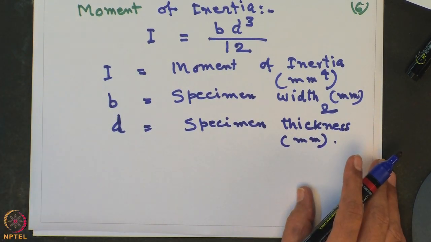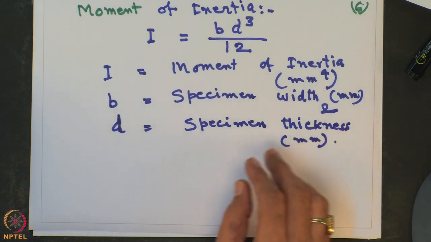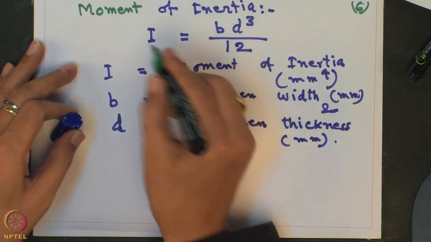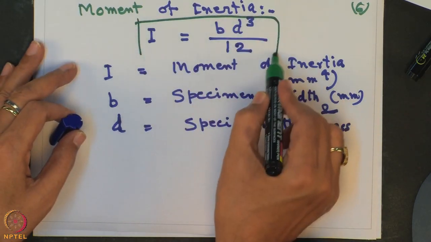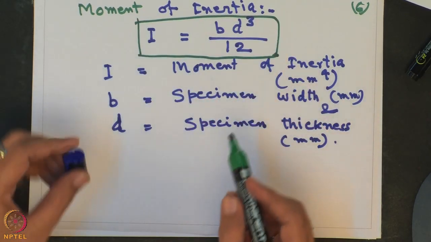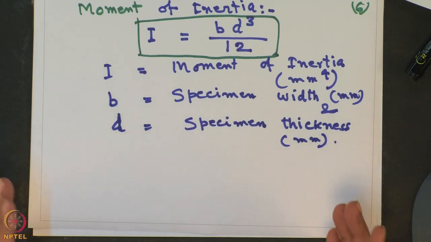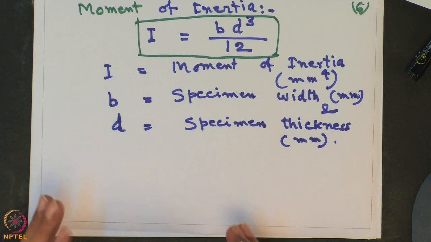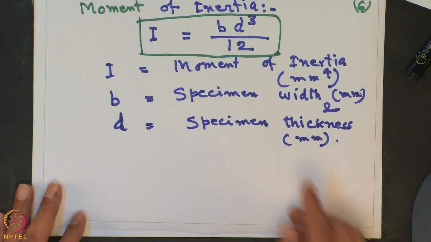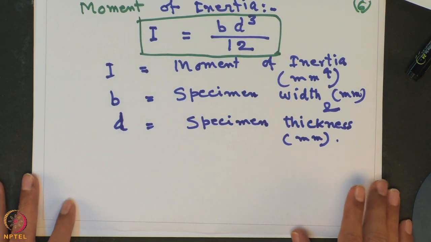So, you can calculate the moment of inertia using this equation. You know the specimen width and you know the specimen thickness. So, you can determine the moment of inertia using this equation, I is equal to B d to the power 3 divided by 12. So, the moment of inertia of EPS geofoam can also be determined.